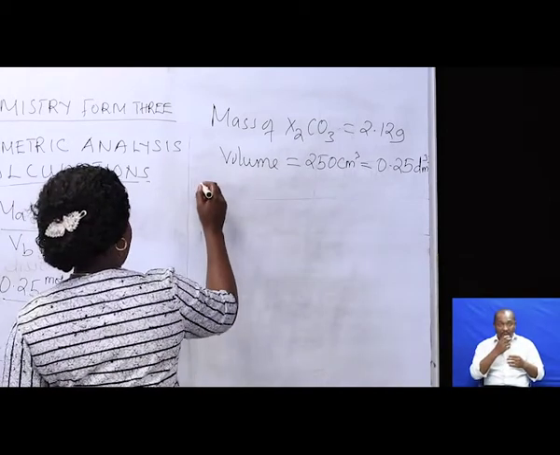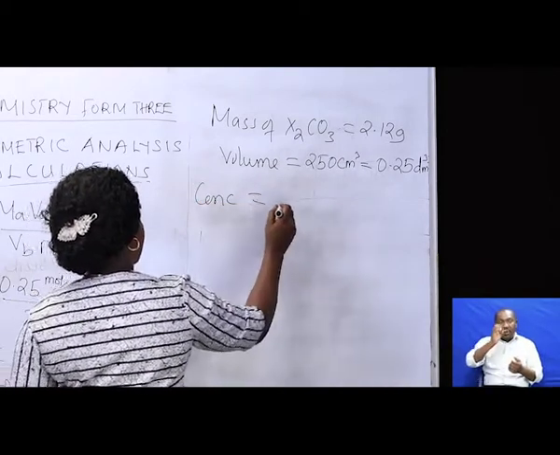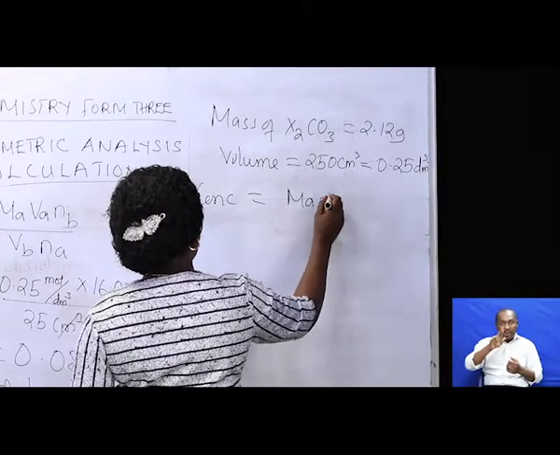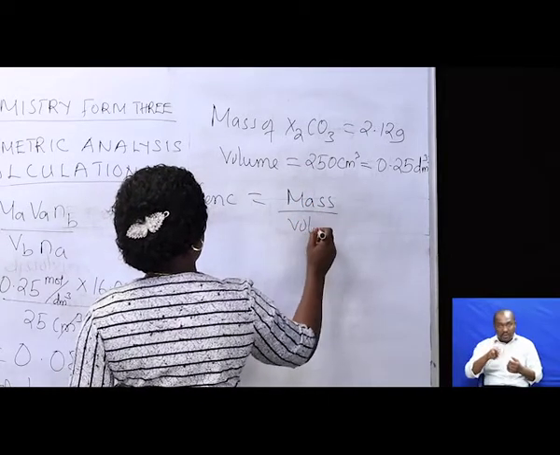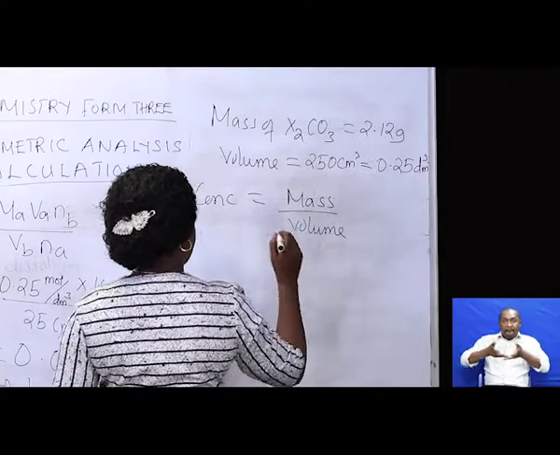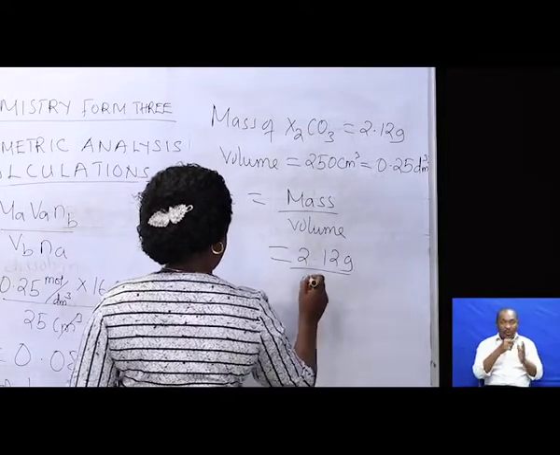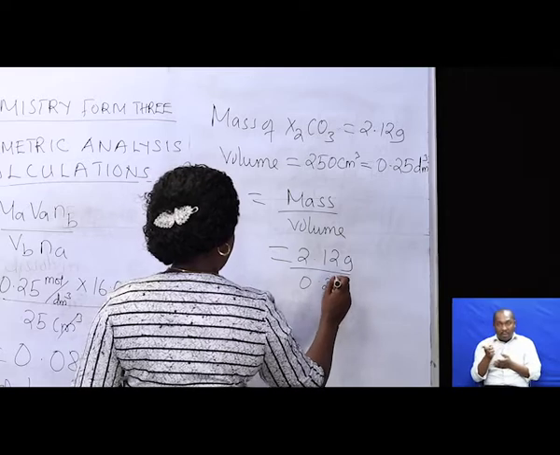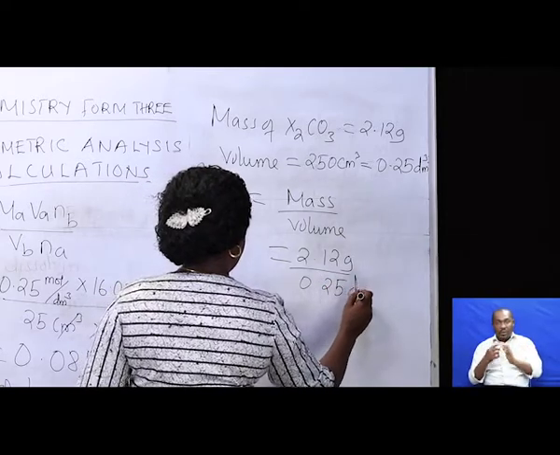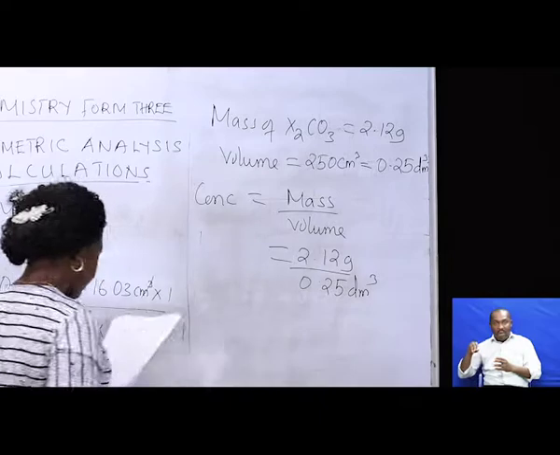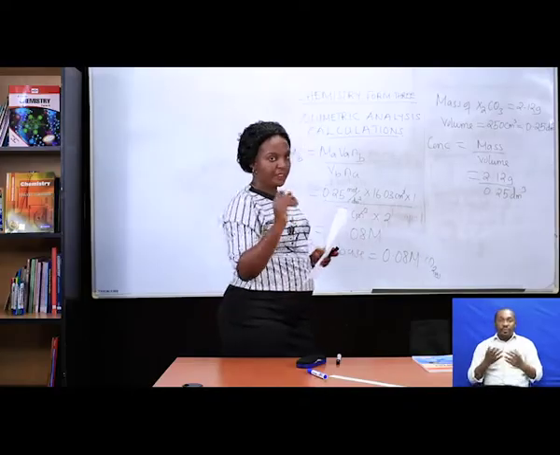Therefore, concentration will be equal to mass given over the volume, which equals 2.12 gram over 0.25 cubic decimeter. Use your calculator right now.